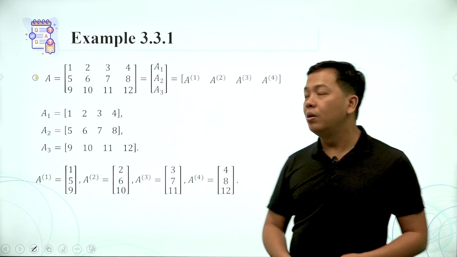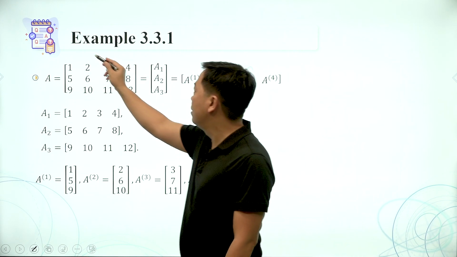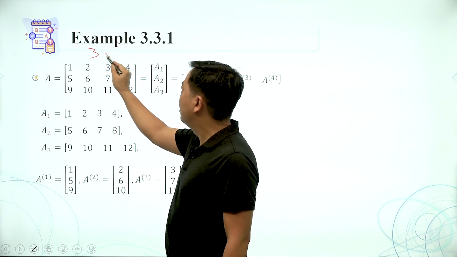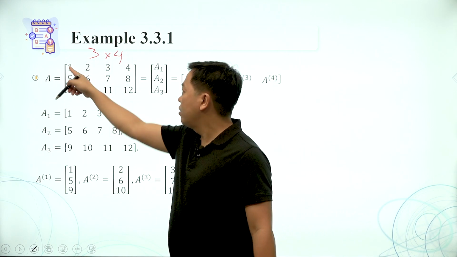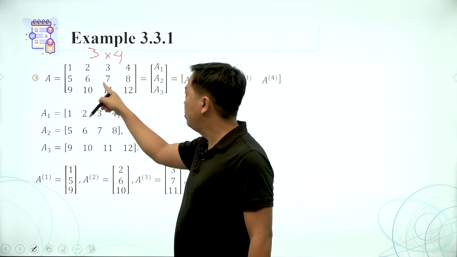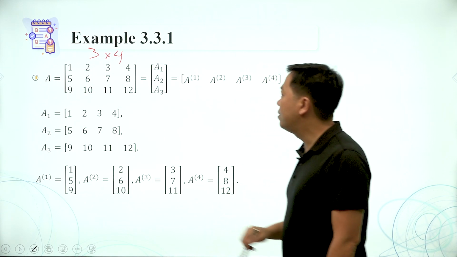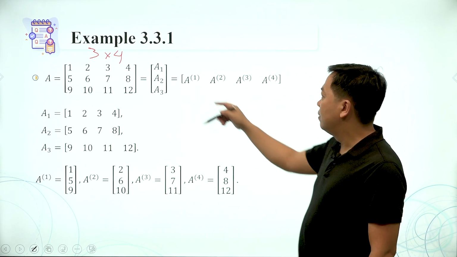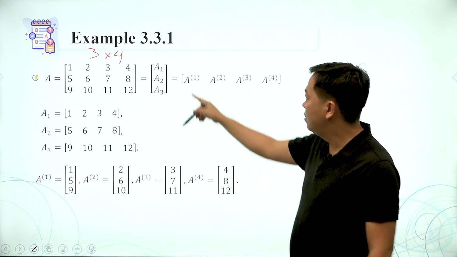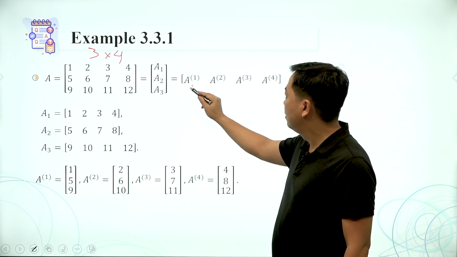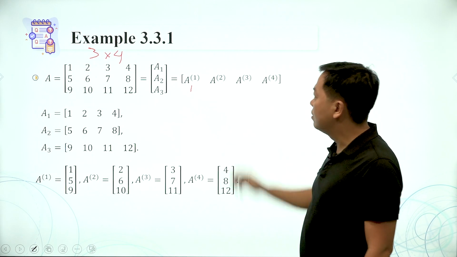So for example, here is one example. You have a matrix with three rows and four columns: 1, 2, 3 and 1, 2, 3, 4. You can shorten it by rows, so we have one row and four columns, A1, or three rows and one column.